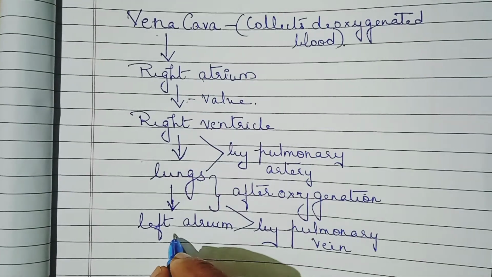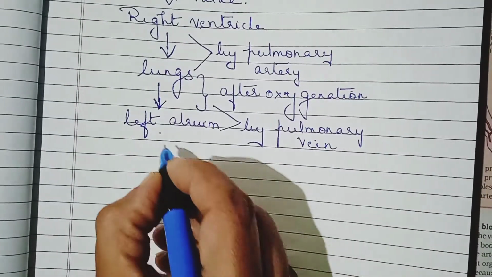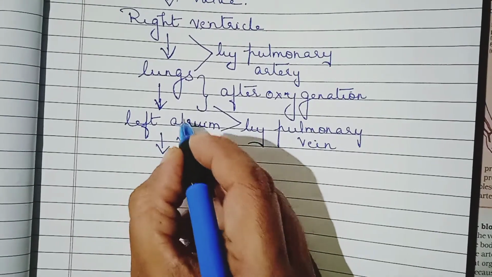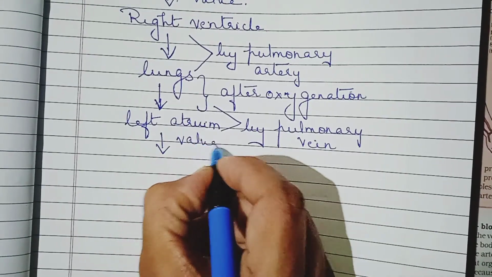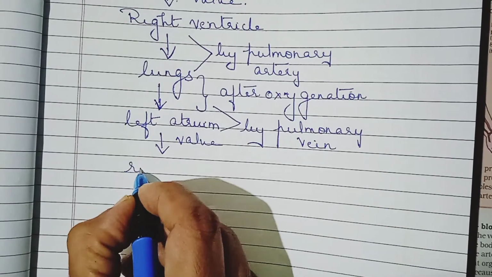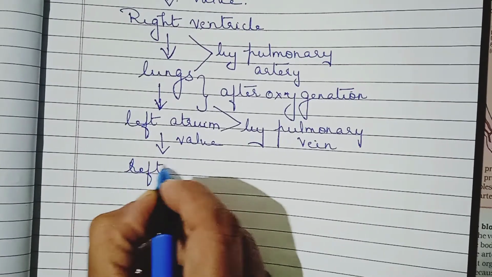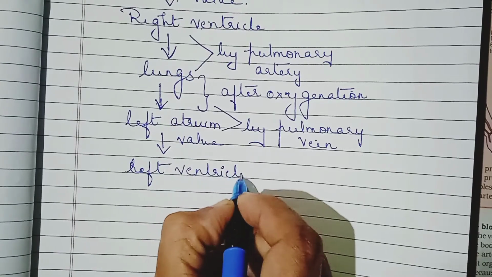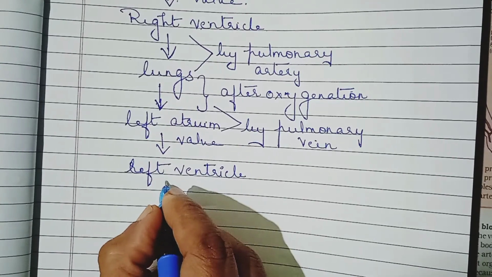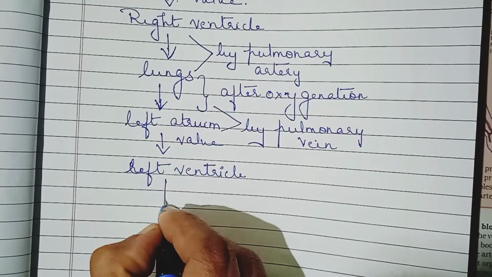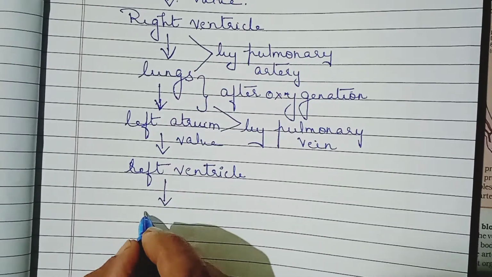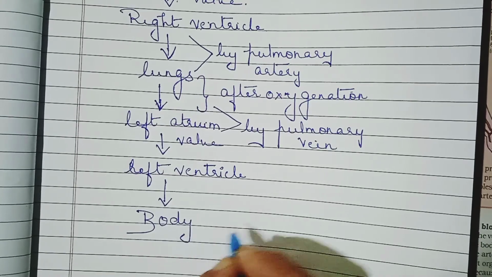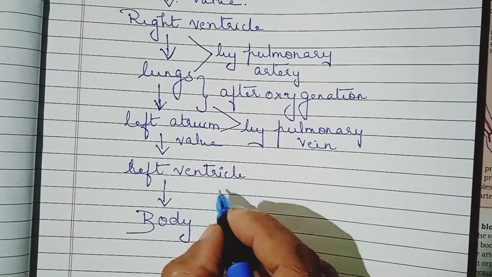Now, from the left atrium, again through the valve, it gets into the left ventricle. Then from the left ventricle it is transported to all the parts of the body. What is transported?